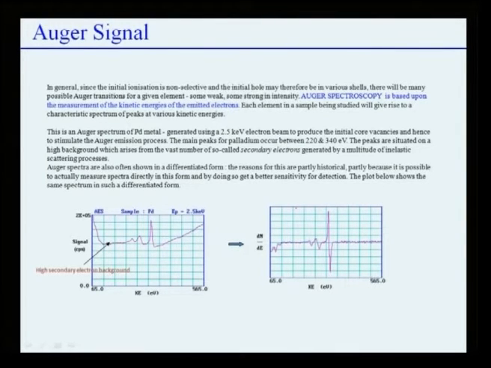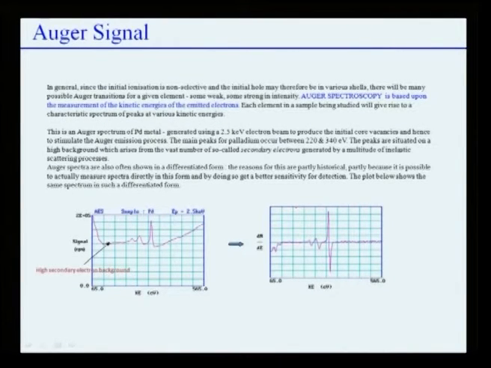And then there will be many AES transitions possible for a given element. Some will be very weak, some will be strong. So AES spectroscopy is basically based upon the measurement of the kinetic energy of the emitted Auger electrons. Each element in a sample being studied will give rise to characteristic spectrum peaks of various kinetic energies. So that is how an AES spectrum will contain a large number of peaks, and that creates a problem many times.